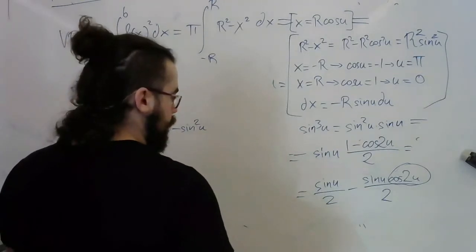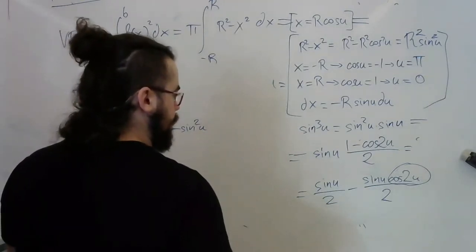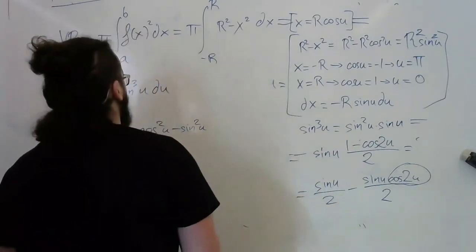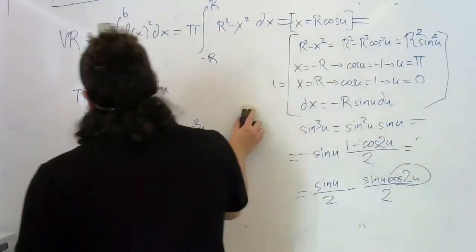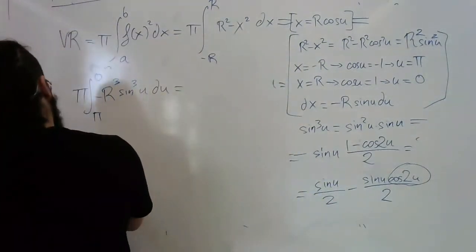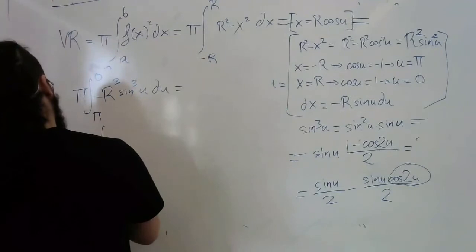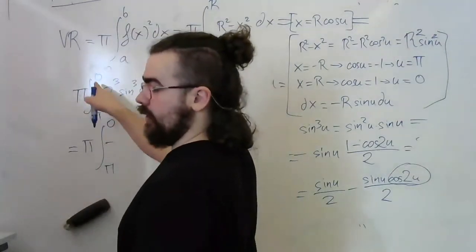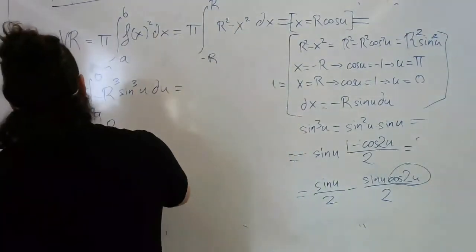This will be good to consider later, maybe. Minus sine plus, perfect. So let's plug this into the equation and see what happens. Minus, I'm going to use this minus sign to swap the limits of integration again.